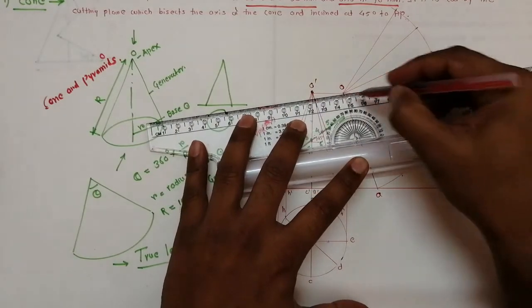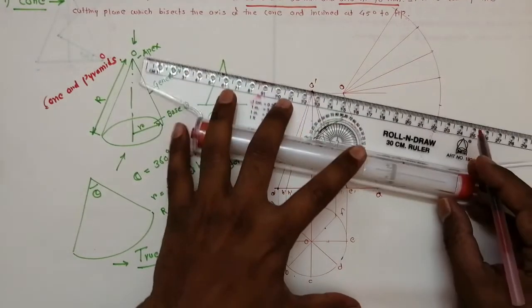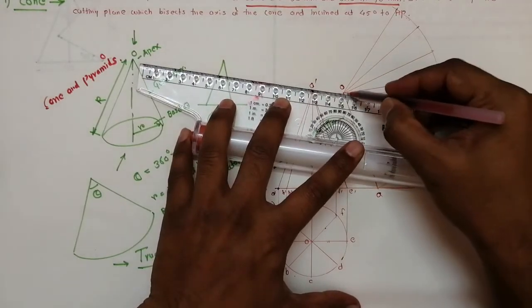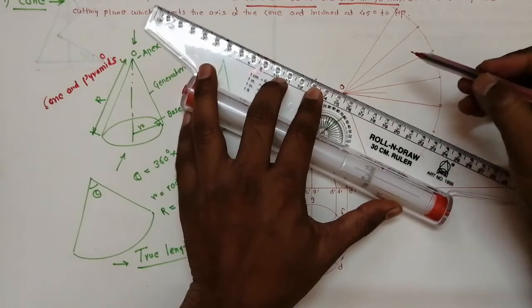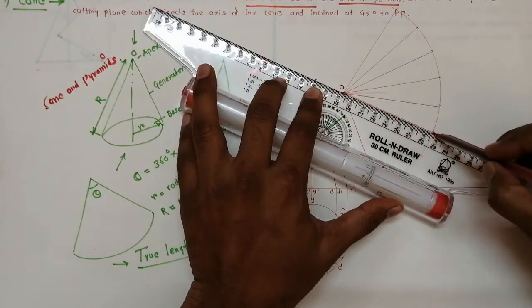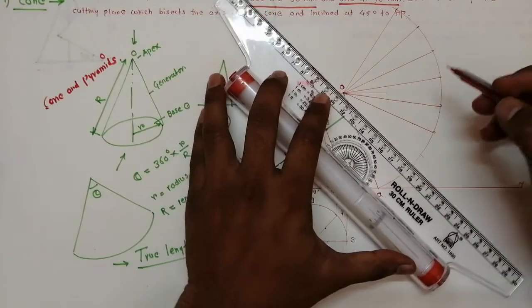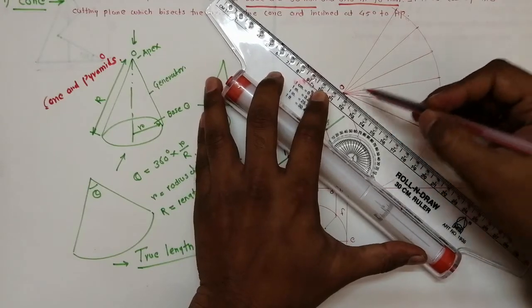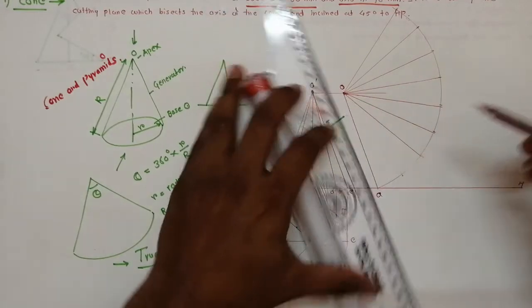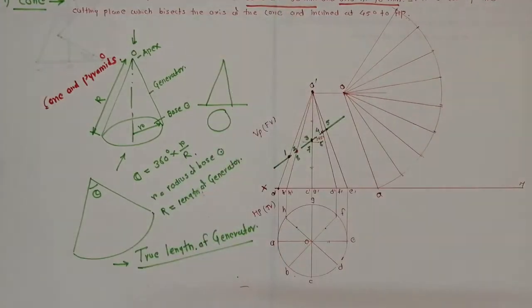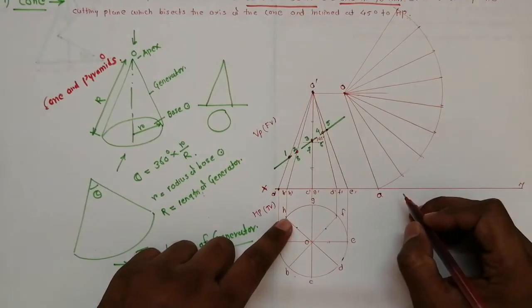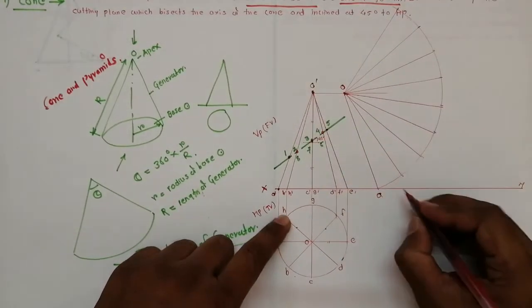Here we are joining the divisions which we have drawn by taking the arc distance of the circle. So this completes the basic development, that is the radial line development.